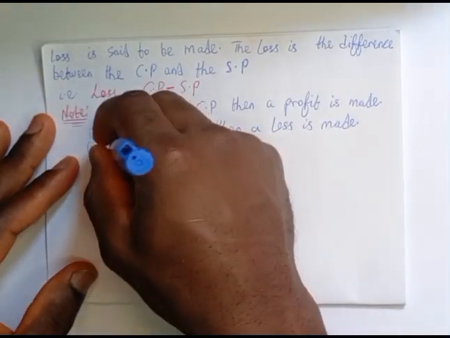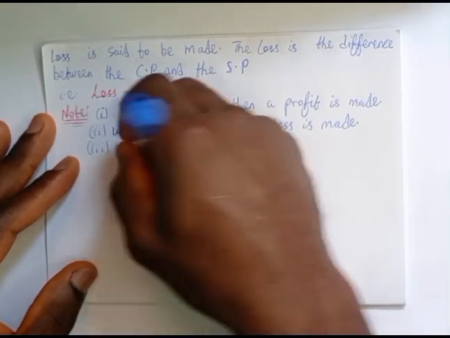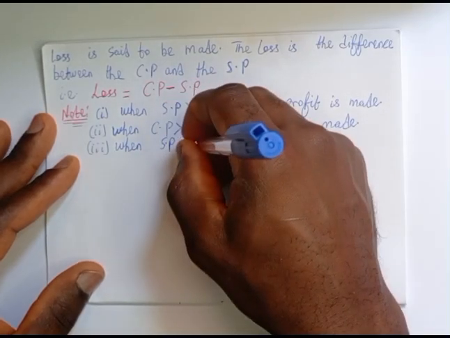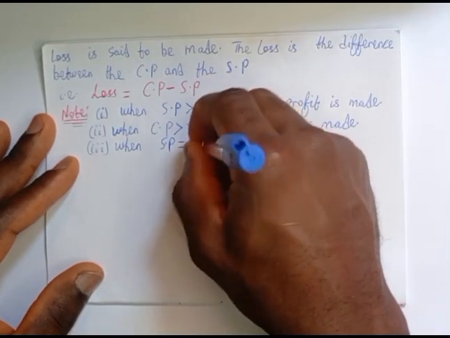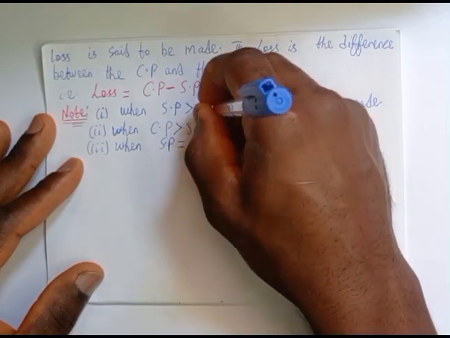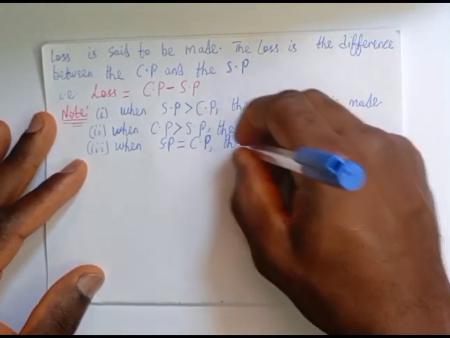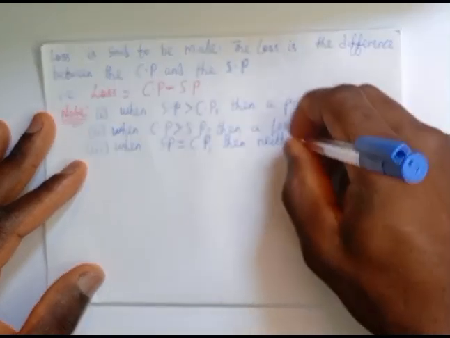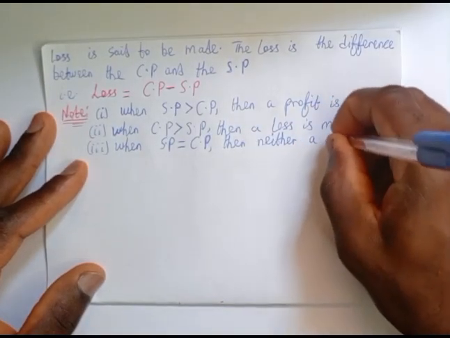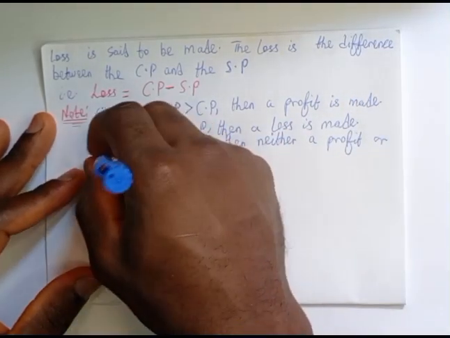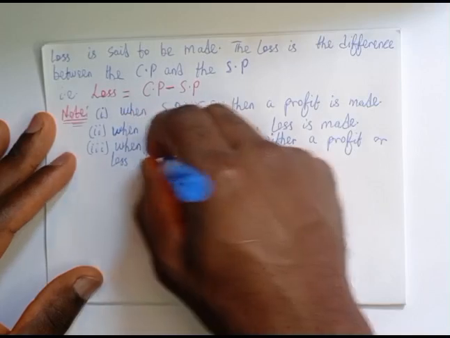Third, when the selling price is equal to the cost price, then neither a profit or loss is made.